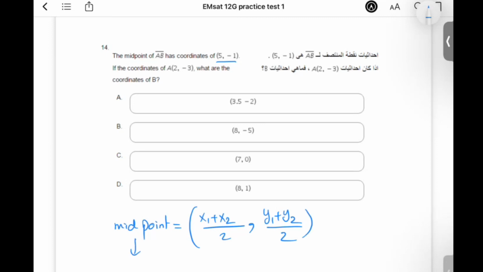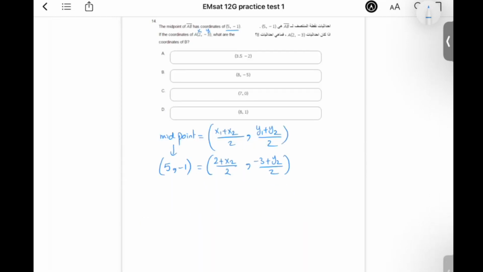The midpoint is 5, negative 1, and this is x1, y1, thus we will say 2 plus x2 over 2 equals negative 3 plus y2 over 2. We start comparing. We will say this part equals this part: 5 equals 2 plus x2 over 2. If you solve it, you will have 8 equals x2. This is the second point.